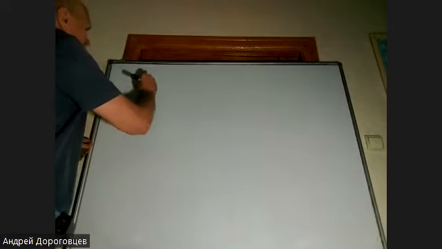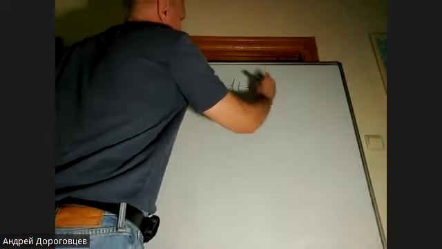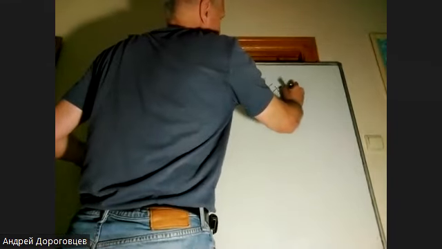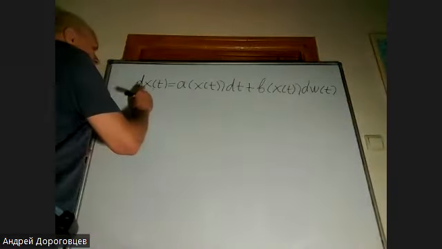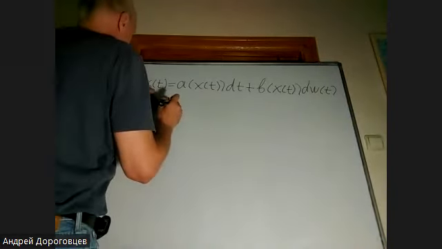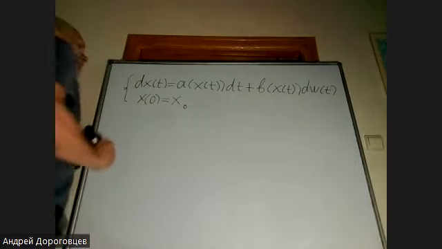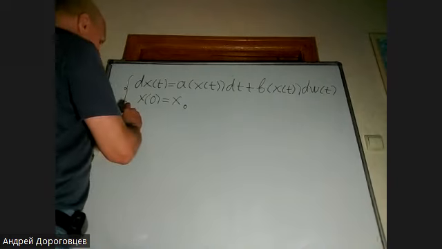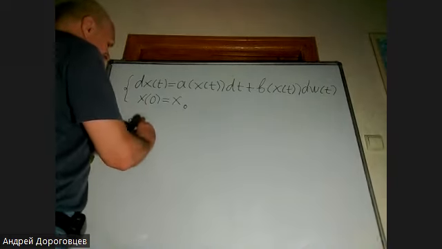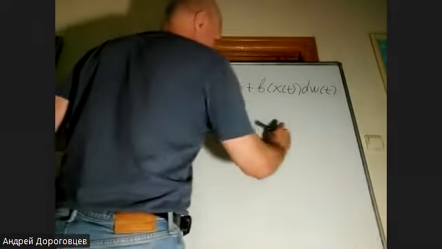Let me recall the equation. Before we start, let me recall that dxt at s is equal to 0 when s is greater than t.